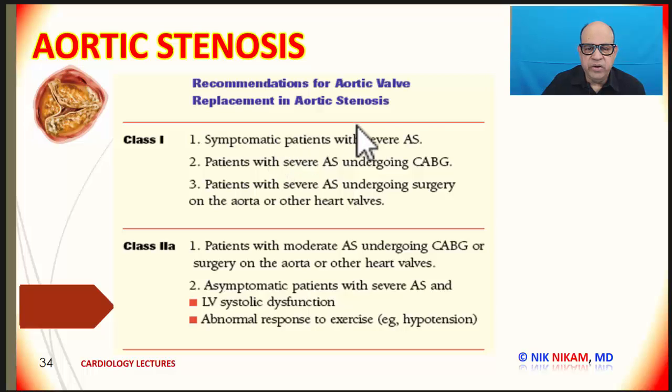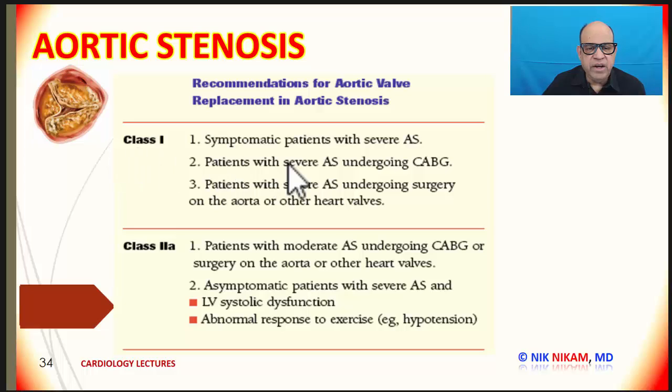Before we go into the pros and cons of balloon valvuloplasty or valve replacement by intervention or by surgery, let's look at some of the class 1 indications for aortic valve intervention. Symptomatic patients with severe aortic stenosis, that is, we are talking about patients who have an aortic valve area of less than 0.6 centimeters square.